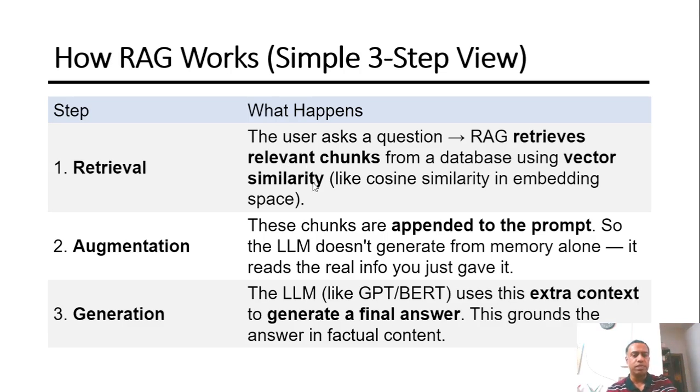This is based on cosine similarity. These chunks then move into the augmentation phase, where they get appended to a prompt. From here, it moves to the generation phase, where the LLM takes this input and gives a final answer. This answer is more human centric, more contextual and factual in content.